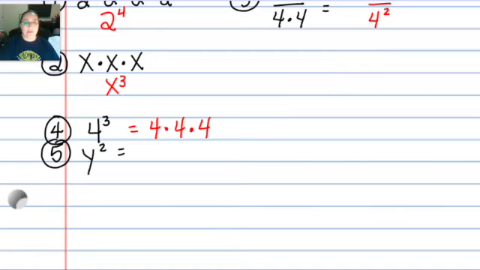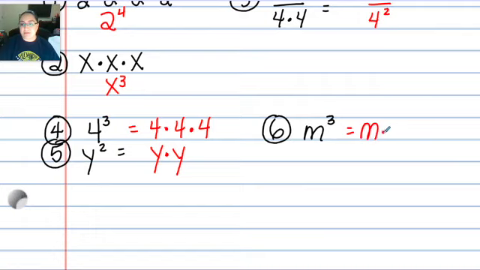Okay, go ahead and write it out real quick. So you should have y times y. Okay, number 6. M to the 3rd power. Which becomes m times m times m. Very good.